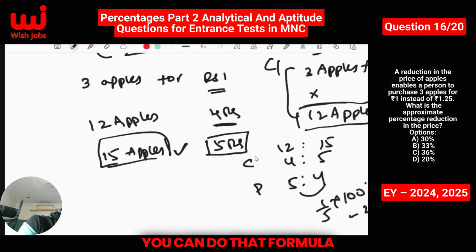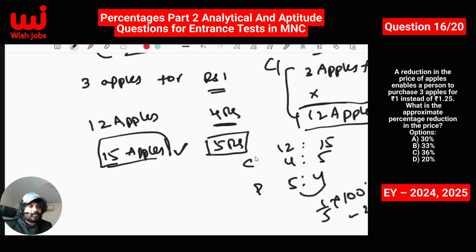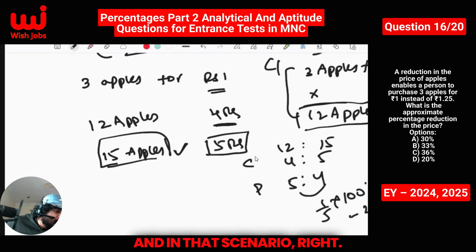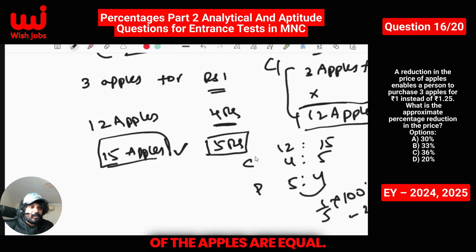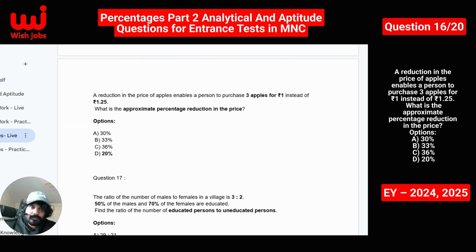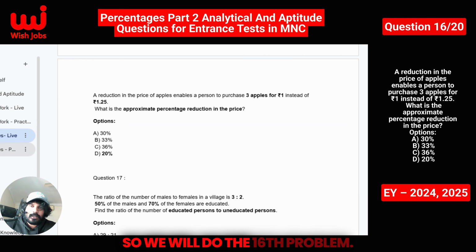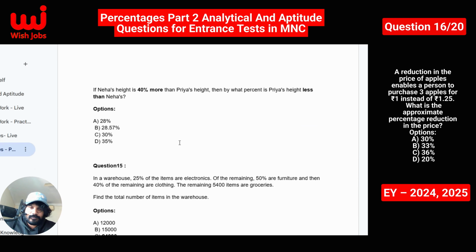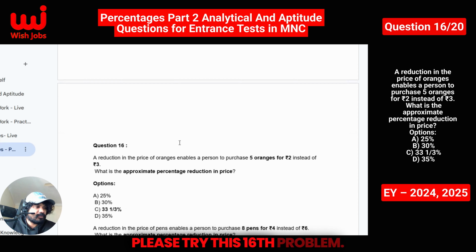Or, because in that scenario both quantities of apples are equal, we took the reduction in price directly and did the percentage formula. Both formulas are right. You can do 2 practice problems and you will understand it better. So we'll do the 16th problem. Please try this 16th problem.